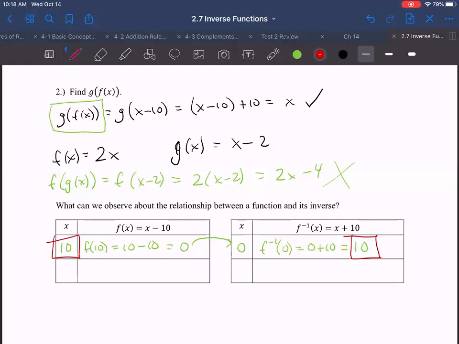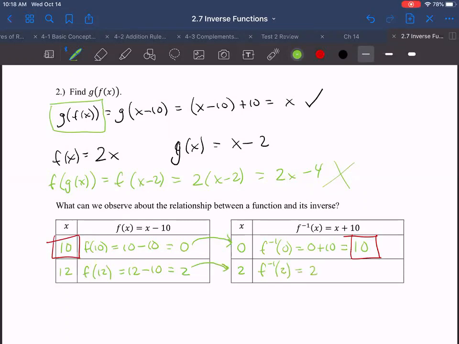Let's try another number. Let's try, I don't know, let's try 12. All right, we plug 12 in. f of 12 equals 12 minus 10, which is 2. If I then take that 2 and plug it in over here as the input for the other one, I get the inverse function evaluated at 2.